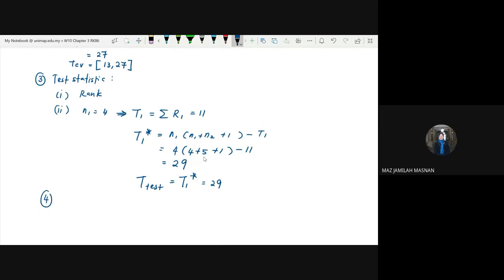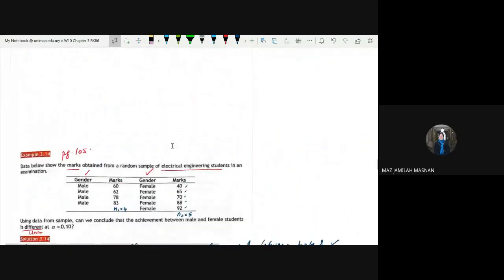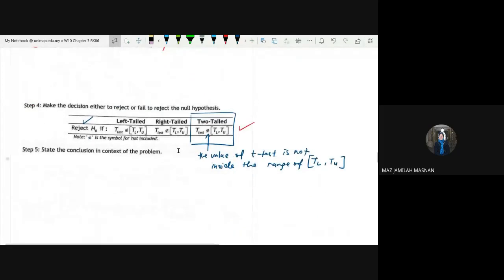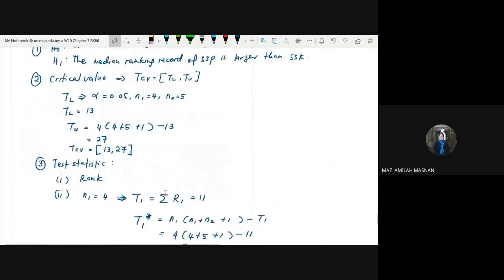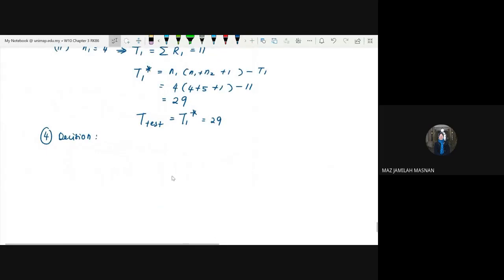Number 4, decision. How to make the decision? Again, right tail test. You are going to test whether your T test is inside the range or not. If it is not included, then reject. So let us put together. T test is equal to 29 and your critical range is 13 to 27, right?